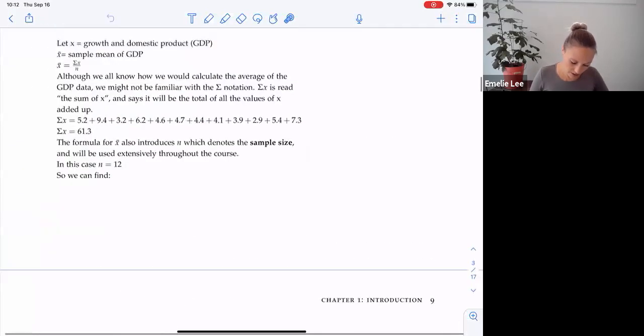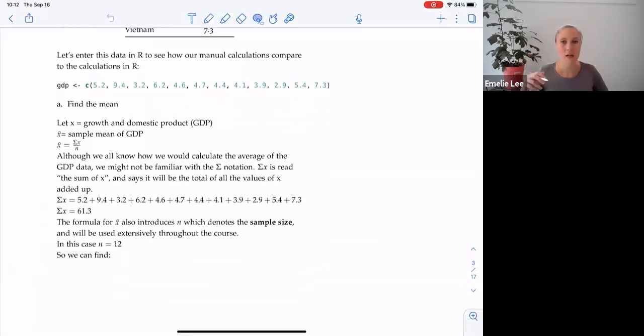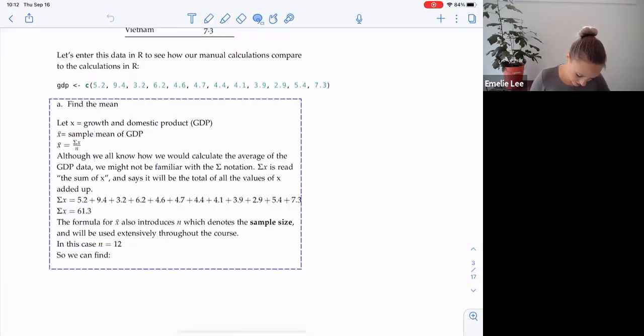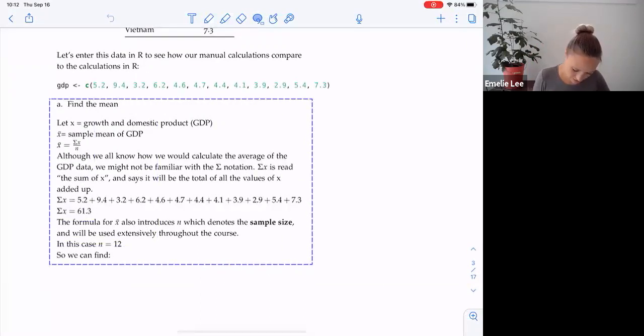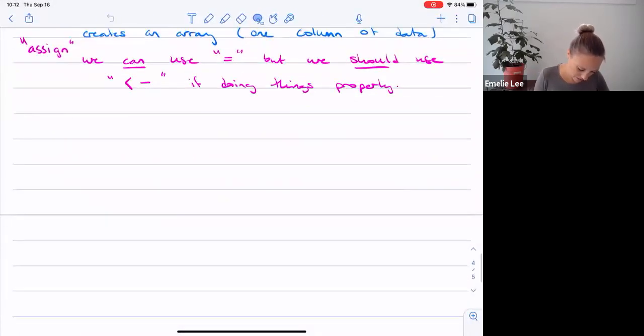So let's go through and talk about it. How do we calculate it by hand? Of course, that's not something that you have to do, but we need to understand what it's doing. In terms of actually applying it, we don't have to calculate it by hand anymore. That's insane.